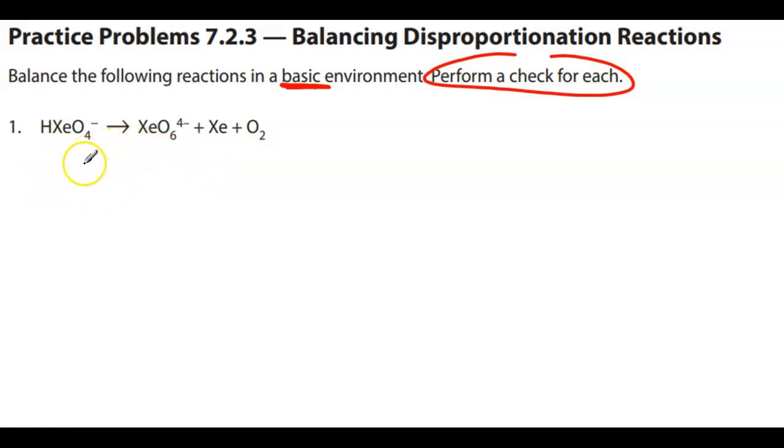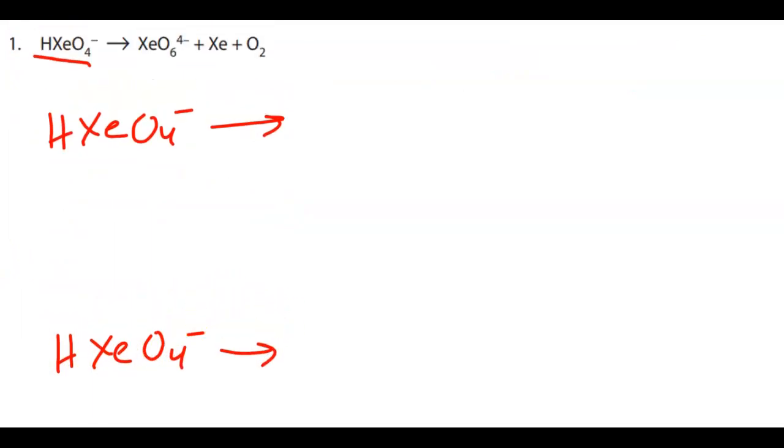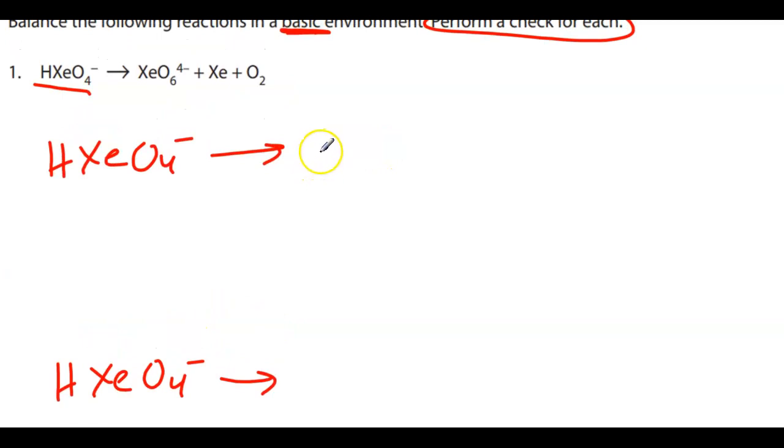With a disproportionation reaction, you have only one reactant, so that reactant is going to be in both equations, right? So I'm going to have HXeO4 -1 becoming, and then I'm going to have another one. My two half reactions are both going to look the same on the reactant side. Now on the product side, usually you split the products.